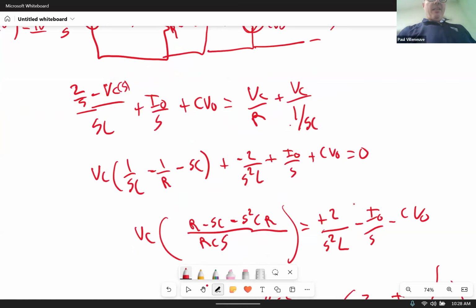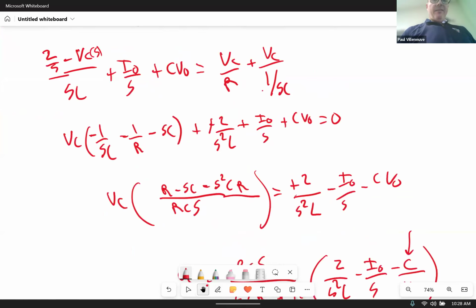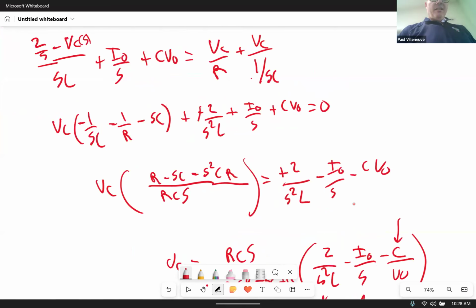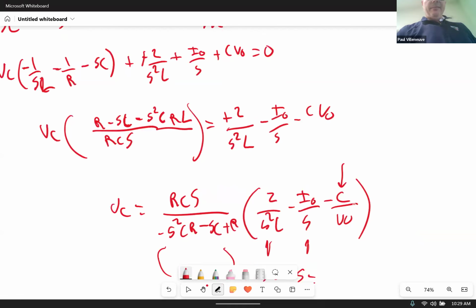So this is going to be positive. This is negative. And this is an L, so I have SL, and then this is SCL here. I think that's the only change I need to make.